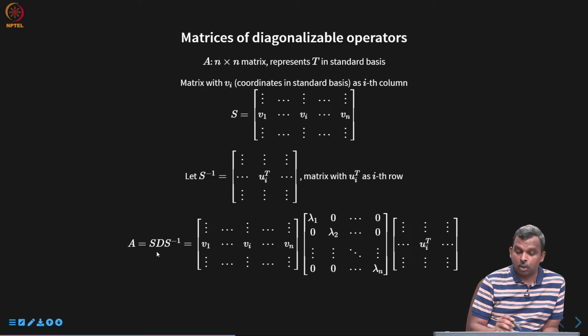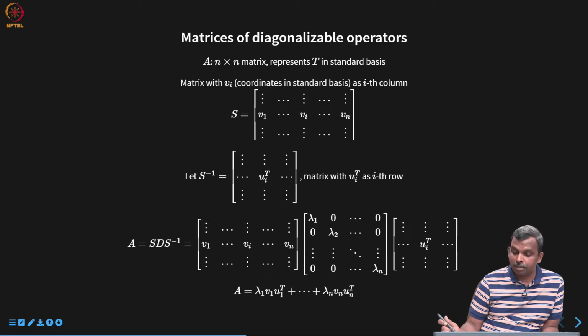Now what is S? S is V1 to Vn, written column-wise like this. D is the diagonal matrix lambda 1 to lambda n. And then I have S inverse, whose rows I have denoted as Ui transpose. Now this product you can rewrite in one very simple and interesting way, and that is this: the matrix of a diagonalizable operator in any basis is going to look like this.